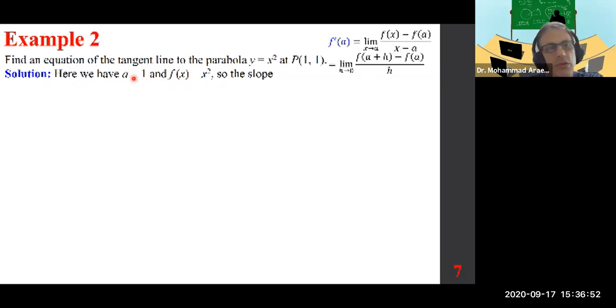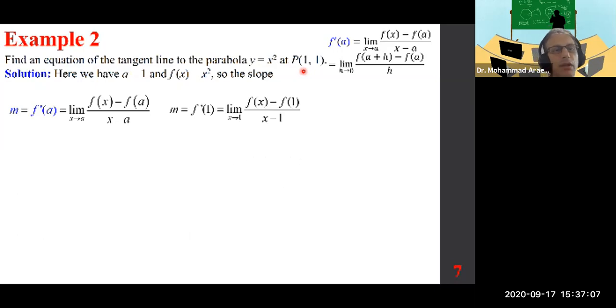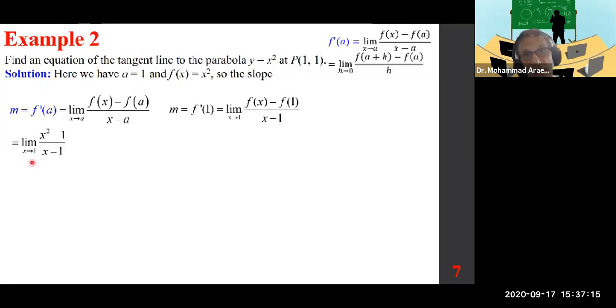So we use the limit. We use the first one. F of x is x squared. Okay, a is number 1. The x coordinate of the pair is a. So you replace the f of x with x squared, you replace the a with 1. When you're here, you're practically done with calculus.